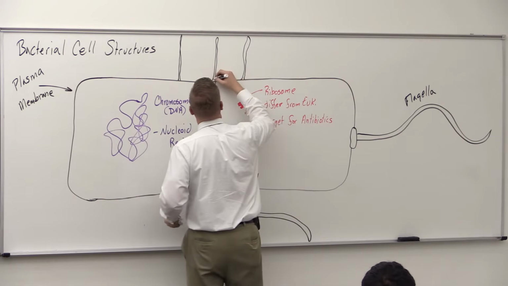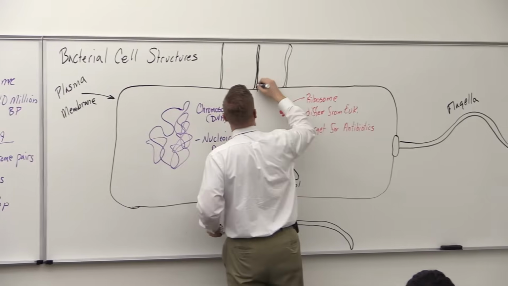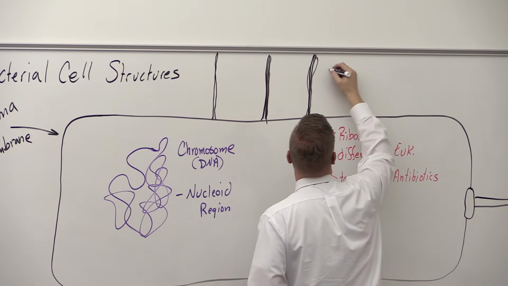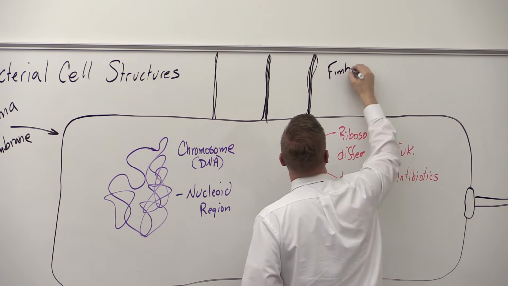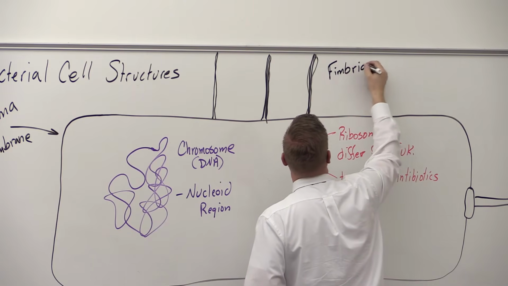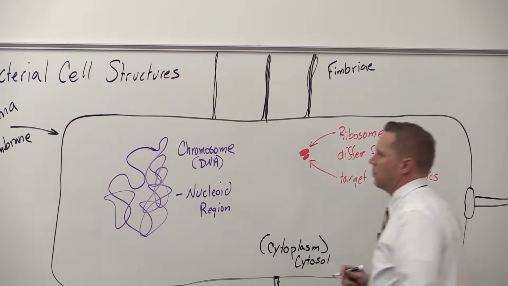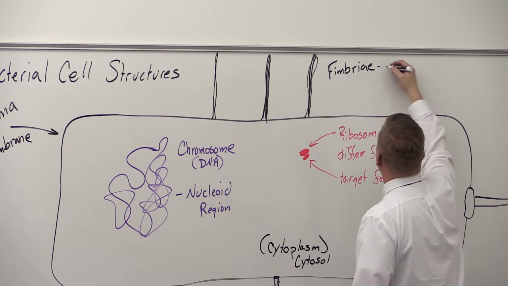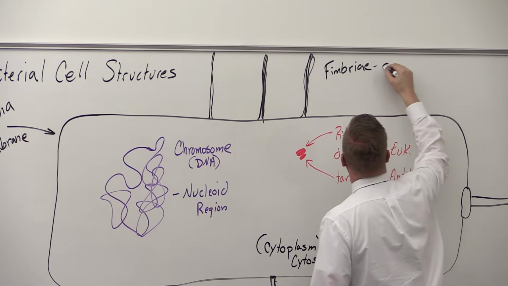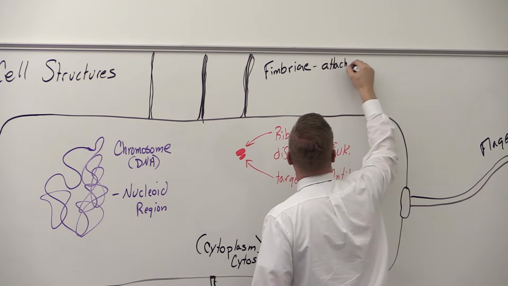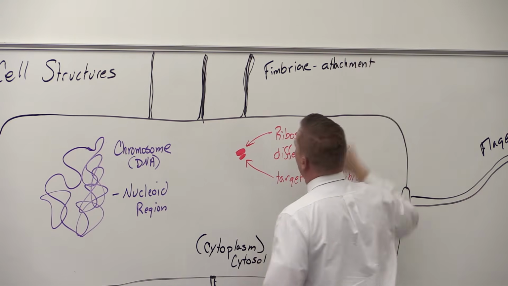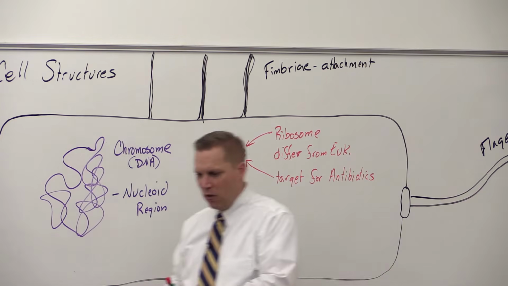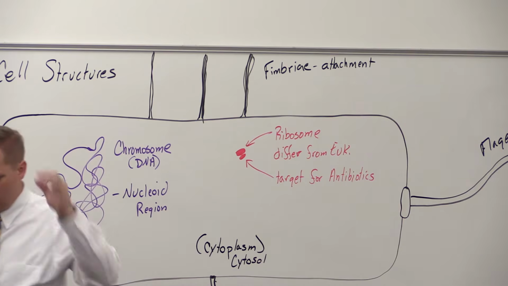Up here, you'll have these long protein spikes that come out from the cell, and those are called fimbriae. The purpose of fimbriae is attachment. The best analogy I can give is from the old days when they used a lot of ships for transportation.